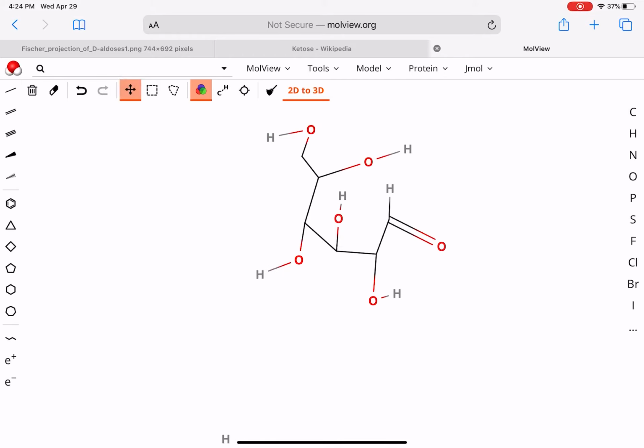This particular oxygen right here is going to become the alcohol of this aldehyde reaction. Oh, you can't get the atoms too close in this. So what will happen is we are going to take our carbon-oxygen double bond, and I'm going to very carefully delete it and then open it up like we would normally do.